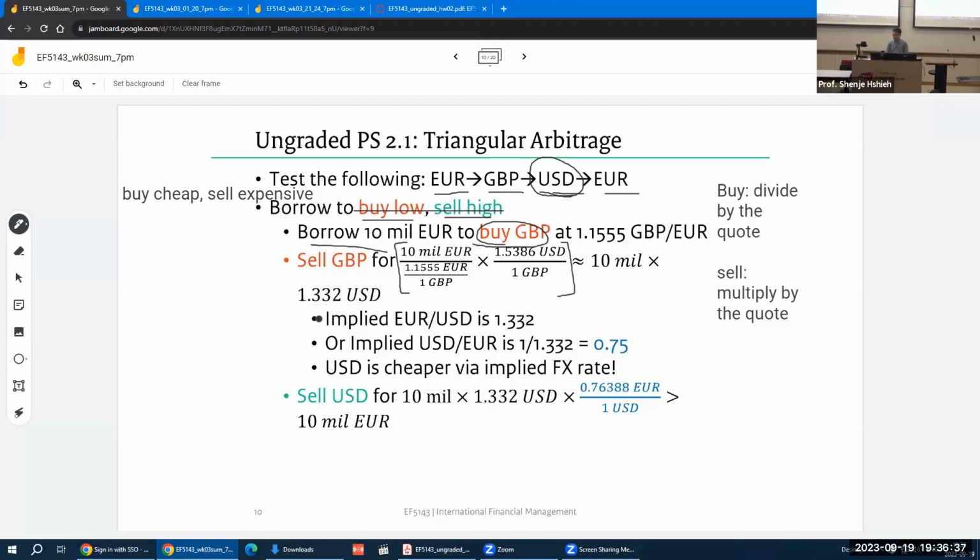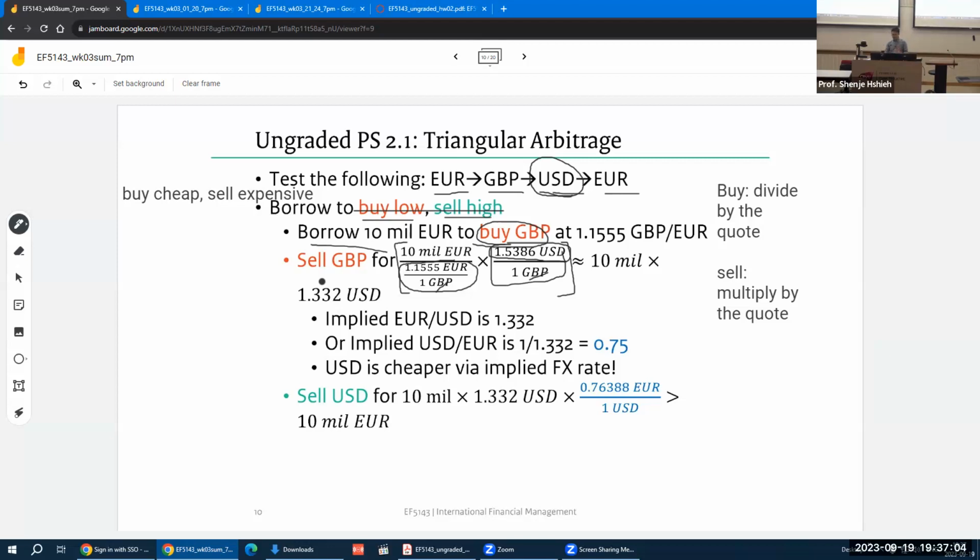The reason why I wrote it this way is because if you look carefully, it's as if we are combining two exchange rates, right? If you're looking at these two equations, sorry, this fraction and this fraction, the pound should go away, right? Because 1.55 divided by 1 is just 1 over 1.155, right?